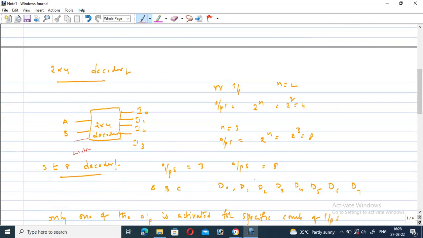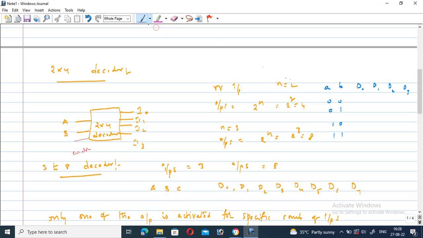If you are taking a 2 by 4 decoder, it consists of 2 inputs and 4 output lines. Only one of the output lines is activated for the corresponding input combination. What are the possible combinations? Obviously there are 4 possible combinations: AB is 00, 01, 10, 11. In this, only one of the outputs D0, D1, D2, D3 is activated.